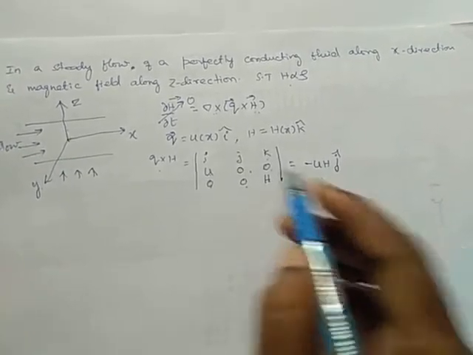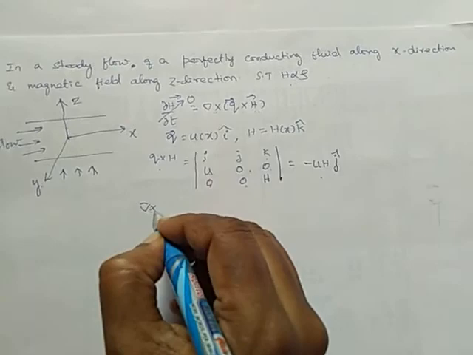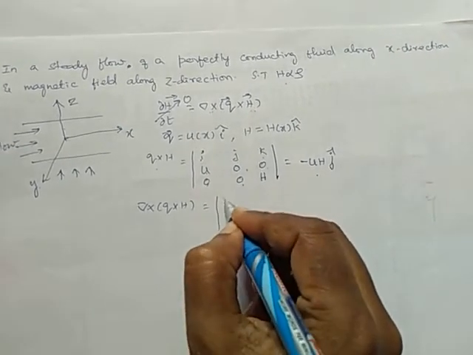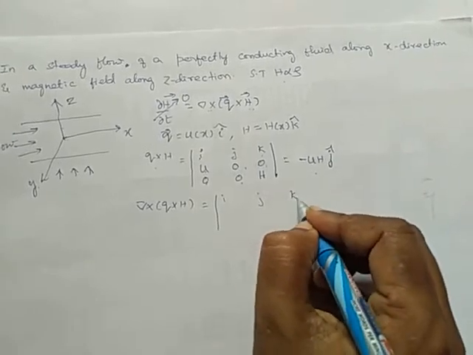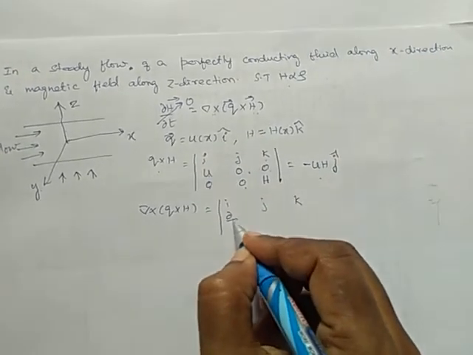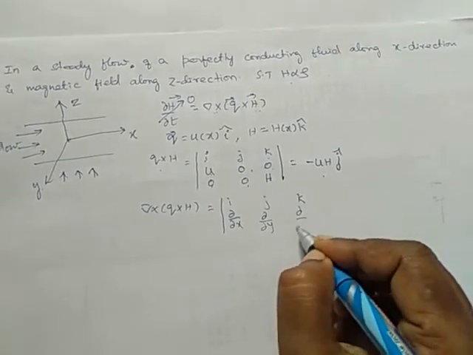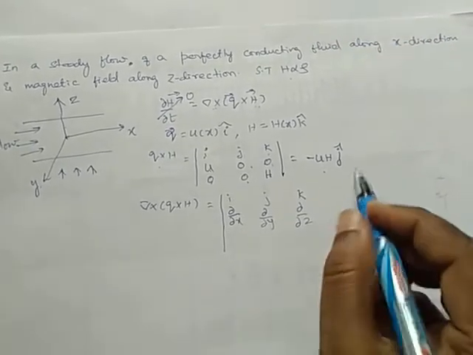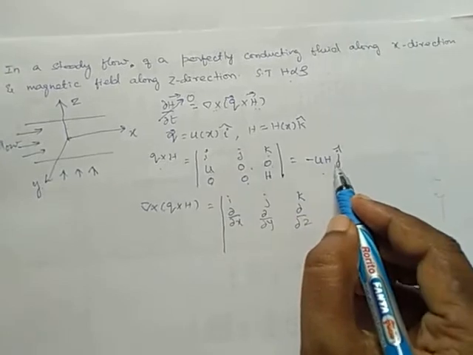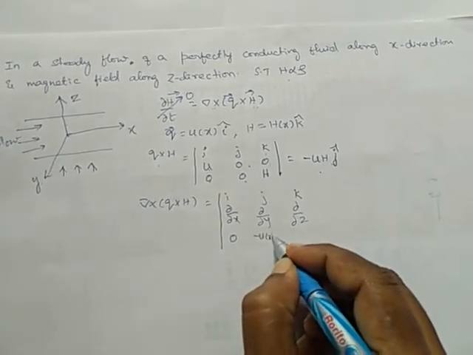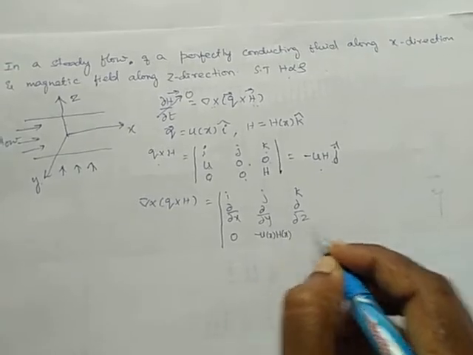Now find the curl of this. What is the curl of Q cross H? Again, the determinant of i, j, k with dou by dou x, dou by dou y, dou by dou z, of Q cross H. It has only the j term, the others being 0. u is a function of x, and H is also a function of x.